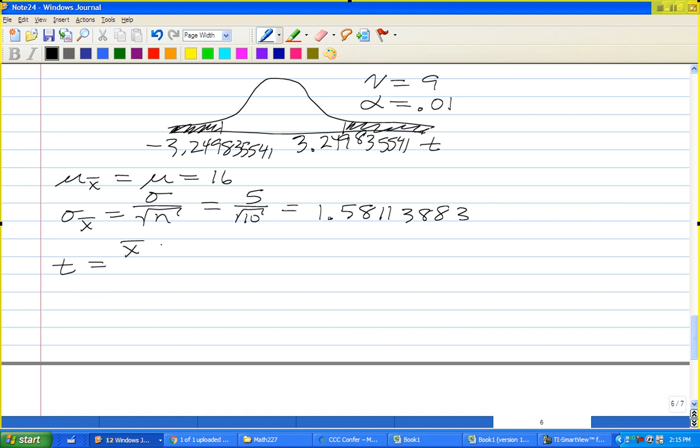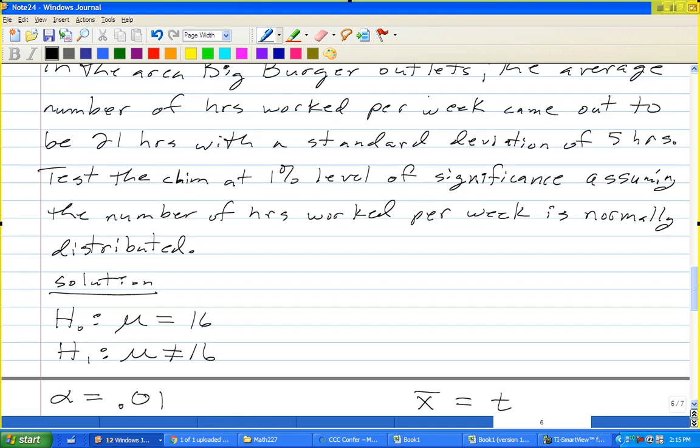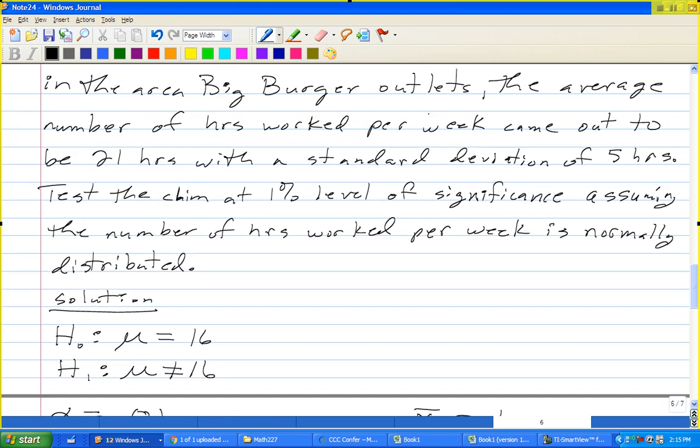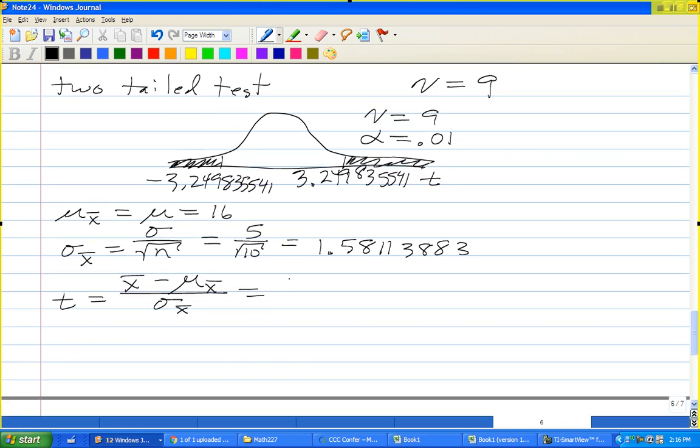Let's calculate my test statistic. Z equals X minus mu over sigma. The mean came out to be 21 hours, and my mean for the sampling distribution of all possible sample means is 16. Standard deviation of all possible sample means is 1.58113883. Plug that into your calculator.